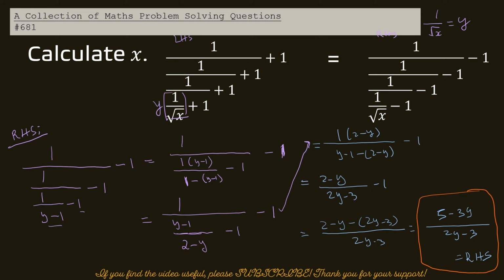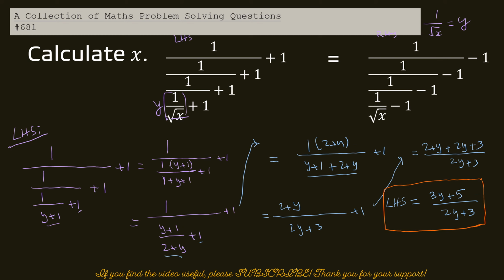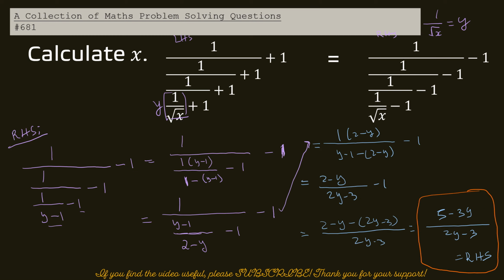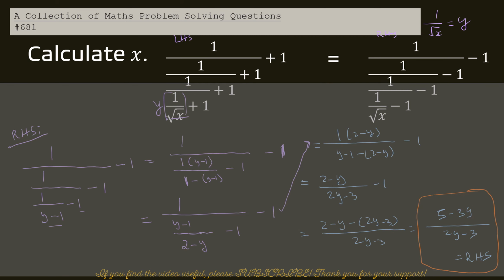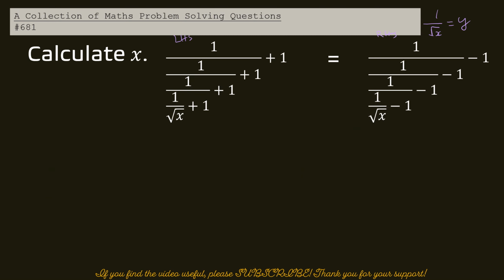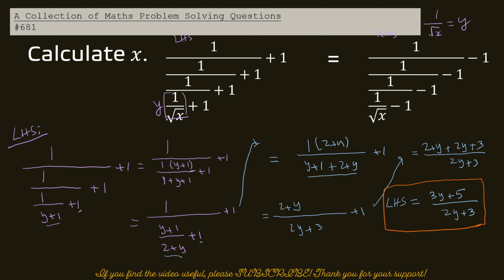So you have to equate the two. Left hand side equals right hand side, and the left hand side is 3y plus 5 divided by 2y plus 3.